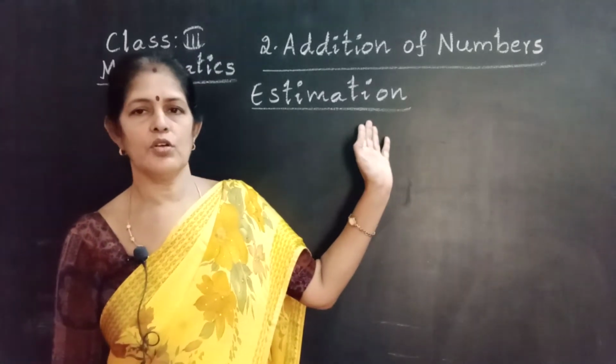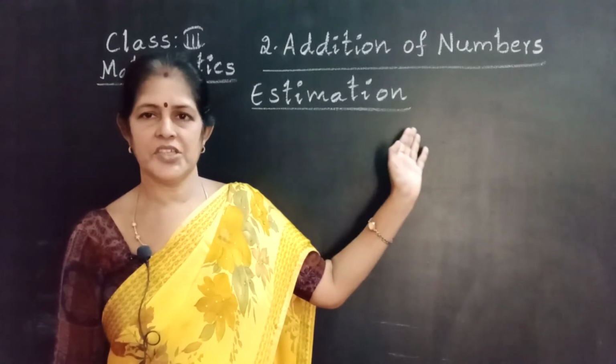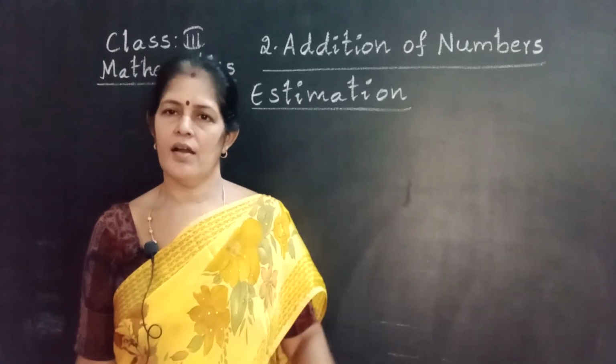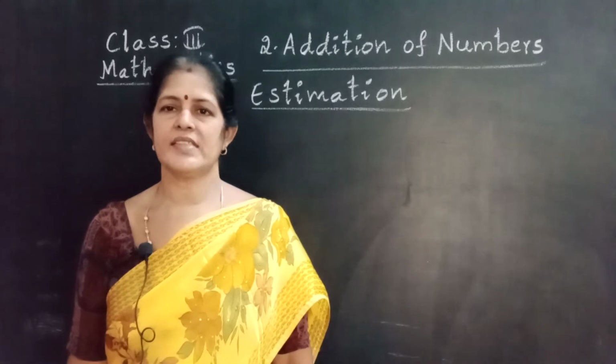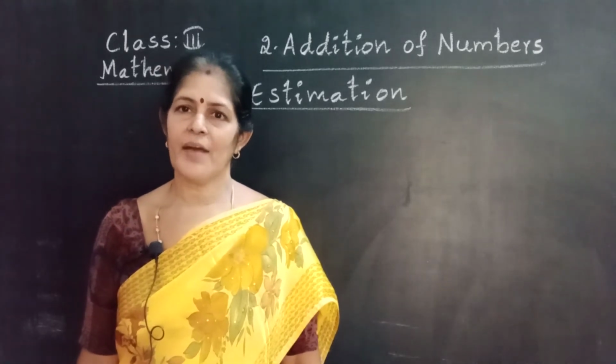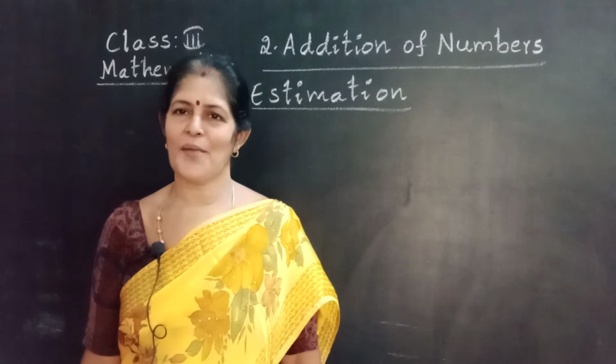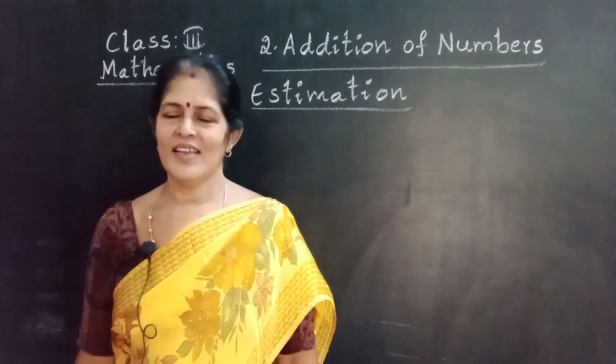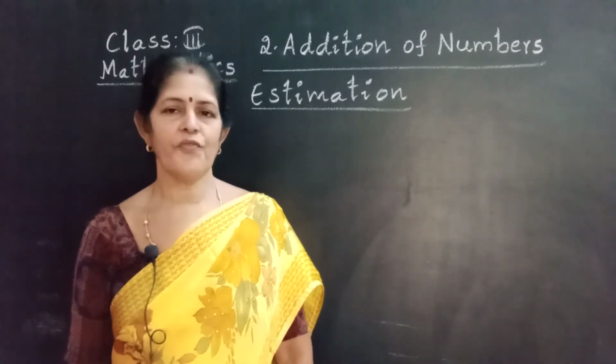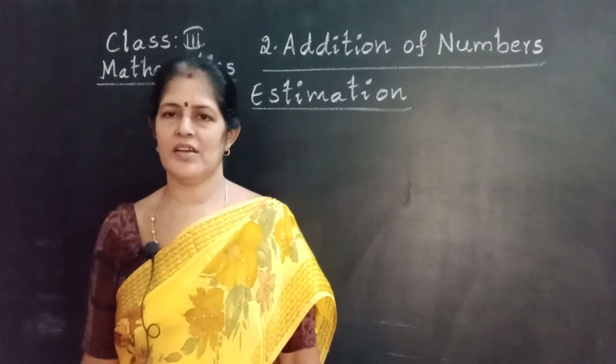Next concept is estimation. Rounding off is a type of estimation. Rounding of numbers, you learned in chapter 1. Do you remember? Yes. Rounding off is a type of estimation.